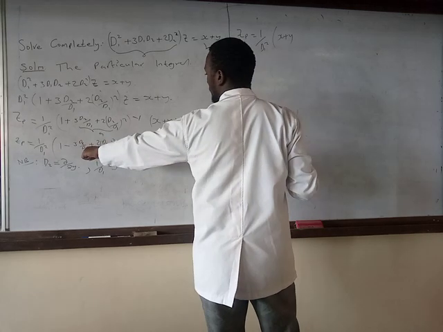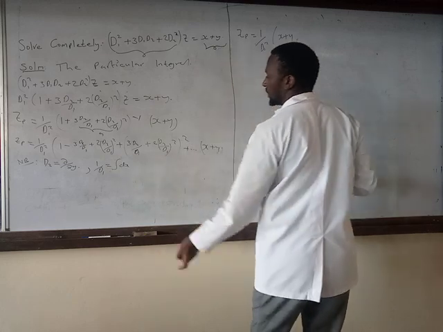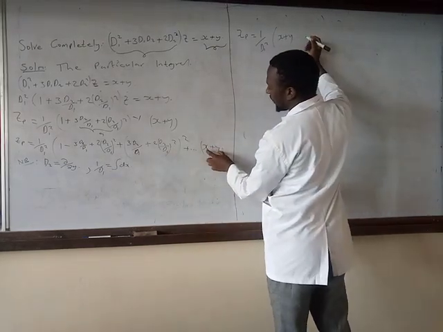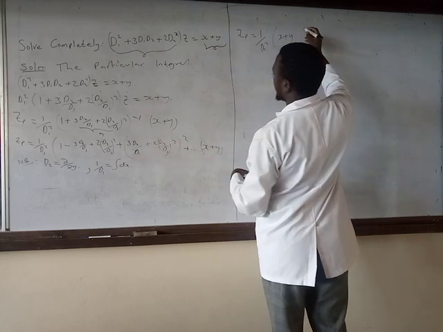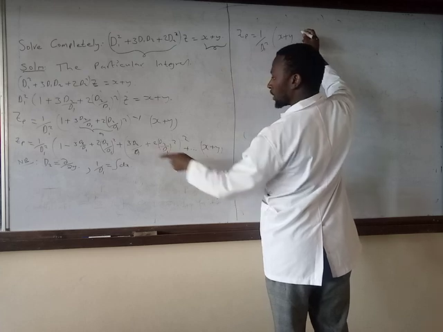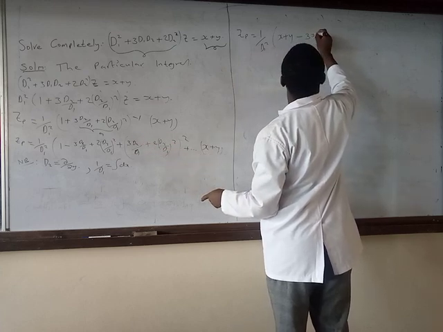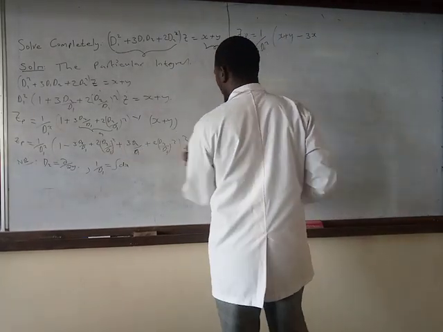Then you need to integrate it with respect to x, because 1 over D1 is the integral, so you get x. So you have minus 3x.